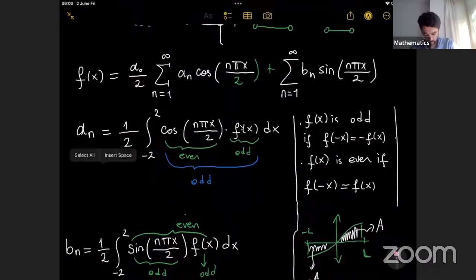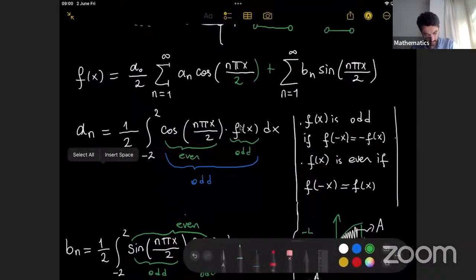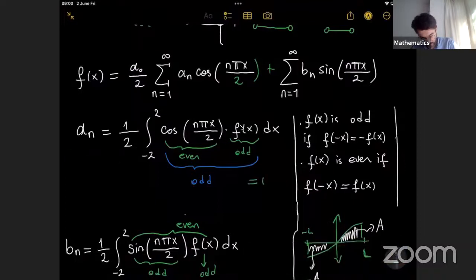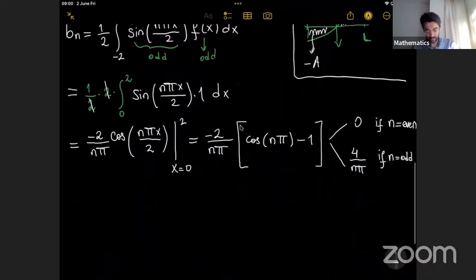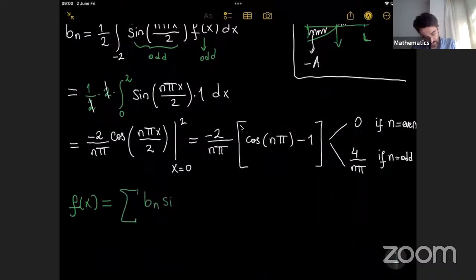Now let's summarize our results. So f of x is, there is no cosine because its coefficient is 0. We have Bn sine n pi x over 2, n is from 1 to infinity.